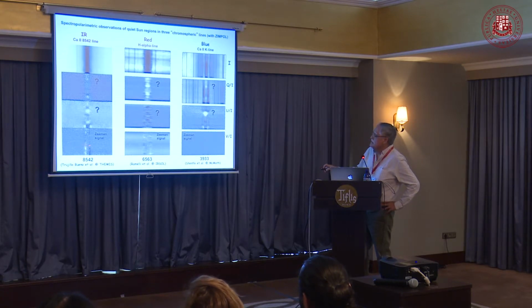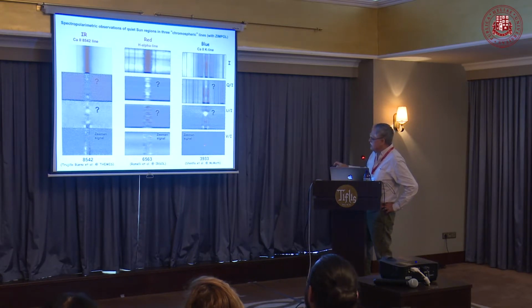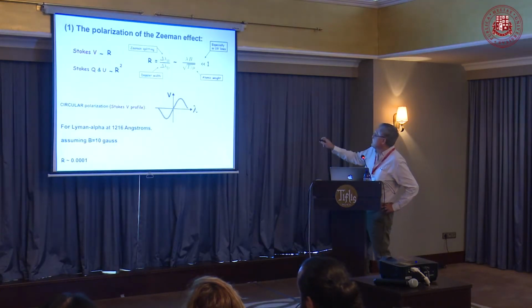Look at the lower panels, the circular polarization signal due to the Zeeman effect. You see it for the infrared line, you see less for the visible, and you see practically nothing in the blue, just because of this scaling.